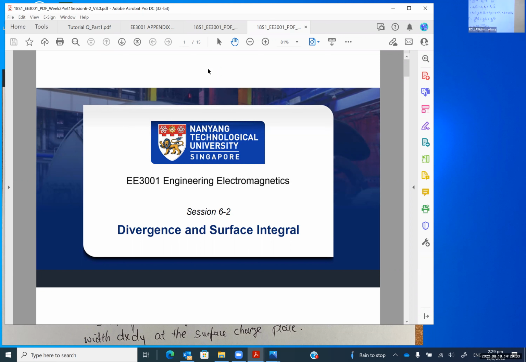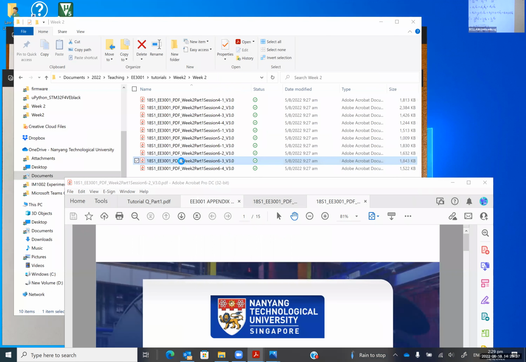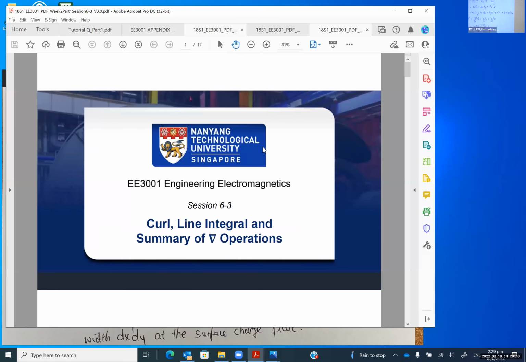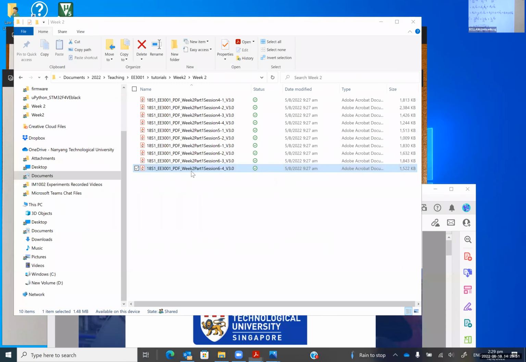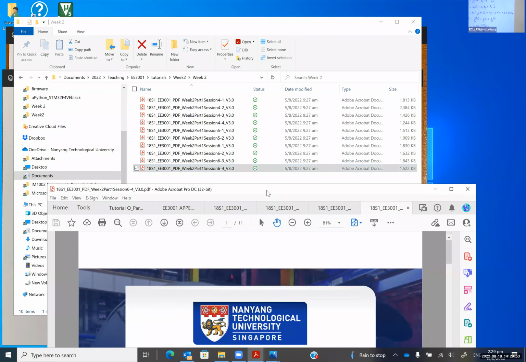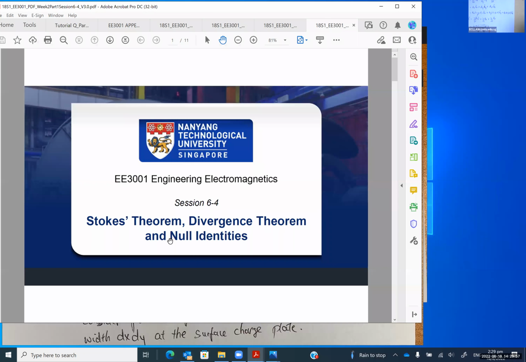Maybe I just go over first, because we are looking for divergence theorem. Curl, line integral, and summary of their operators. Still no divergence theorem. Looks like it's in the last part. Okay, Stokes theorem, divergence theorem, and null identities.